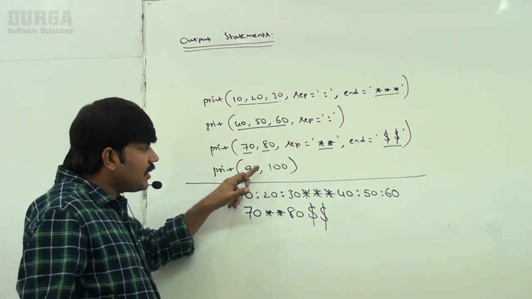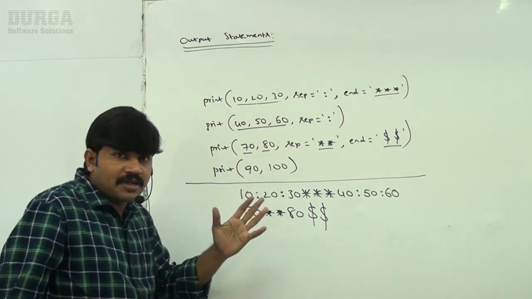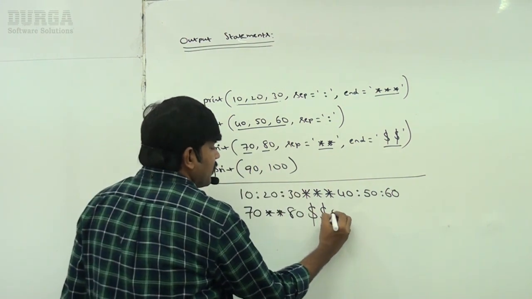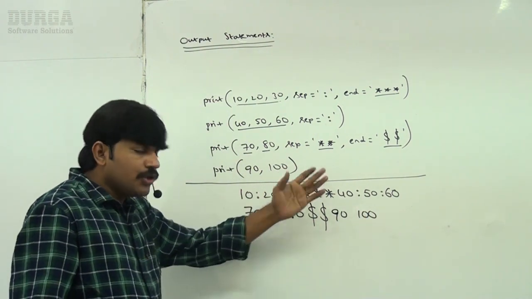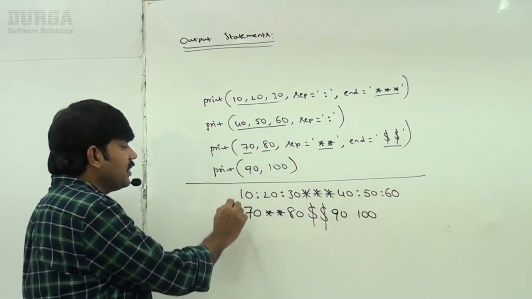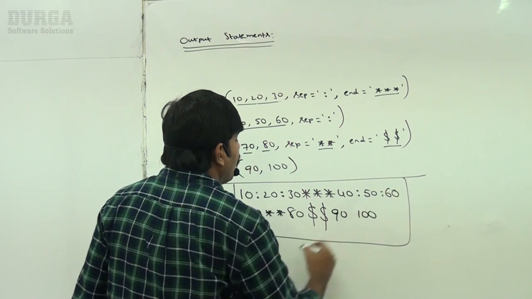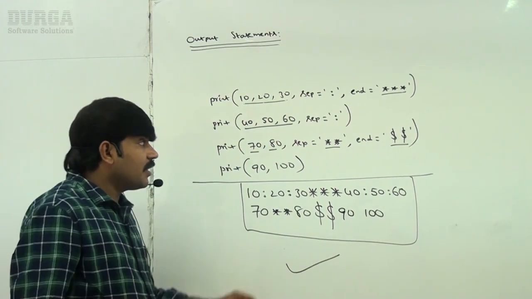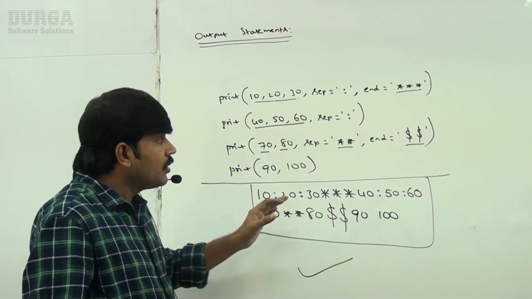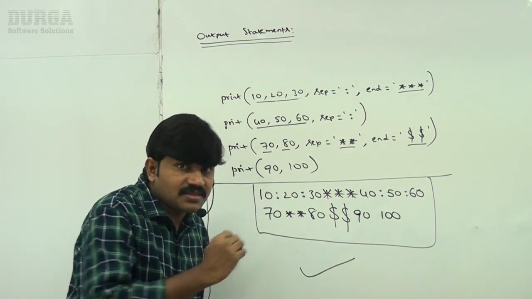Next 90, 100. There is no separator specified, so space. 90 space 100. End new line, but next nothing is there. That's all. This is the output we are going to get. Are you getting how to use the end attribute and the SCP attribute together? It is the best example to trace.